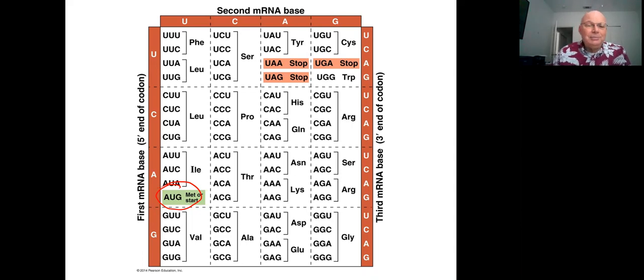And as you'll see in the messenger RNA, there are ways to flag where the AUG is located for the ribosome so that they can identify where the AUG that represents the start of the message is actually located. Because once this is identified as the start of the message, this immediately sets in place how the remaining nucleotides are going to be read as codons, as groups of 3.